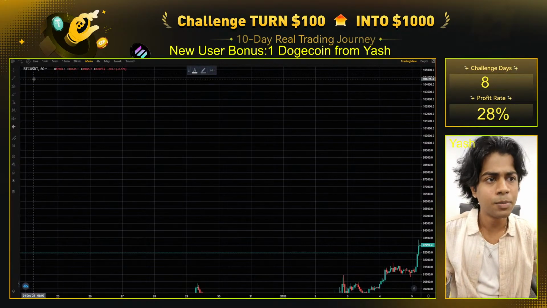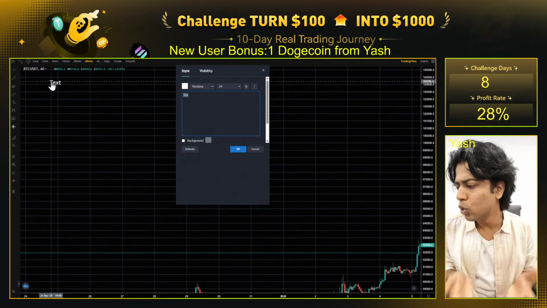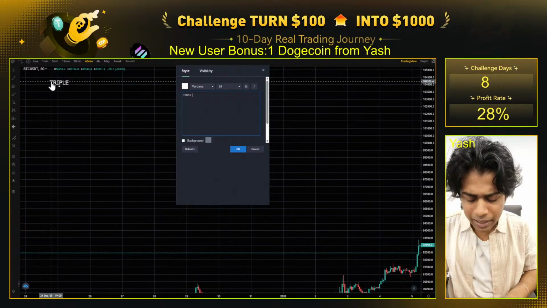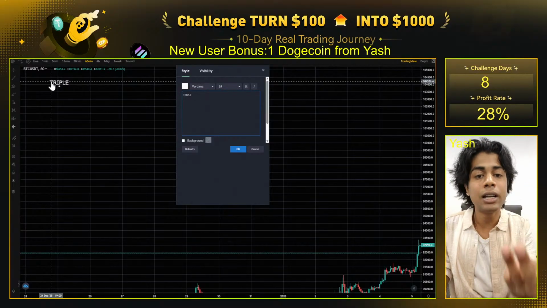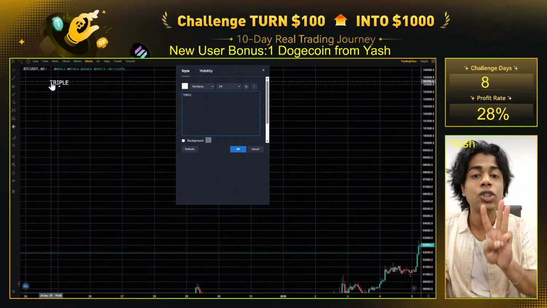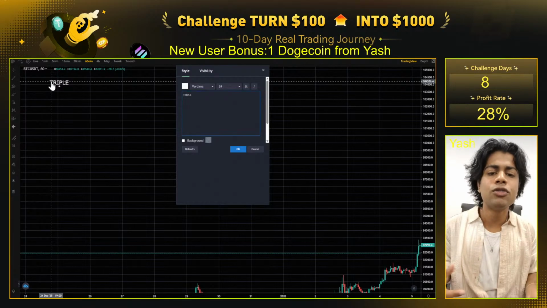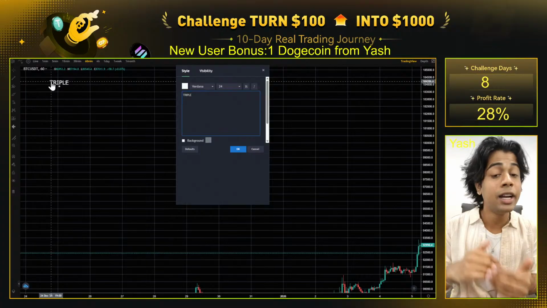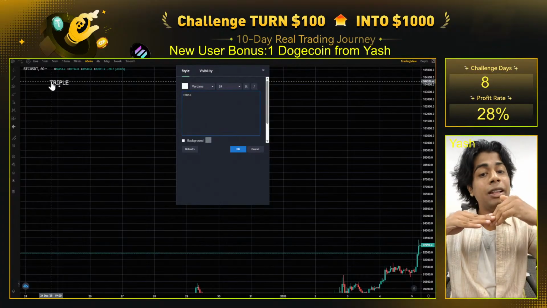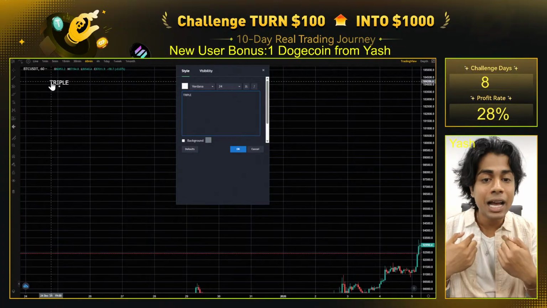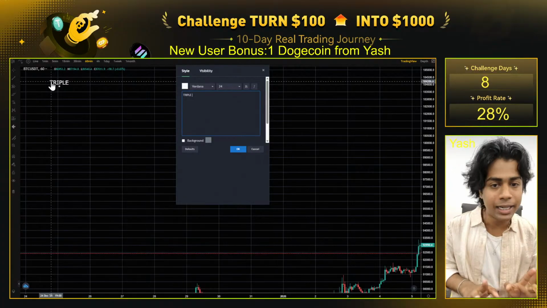What is a triple candlestick pattern, for the new person who doesn't know about it? Let me tell you. A triple candlestick pattern is a type of candlestick pattern that requires analyzing three candles. These patterns are majorly used for analyzing the market: will the market go up or will it fall down? With these patterns we can improve our future prediction tricks.